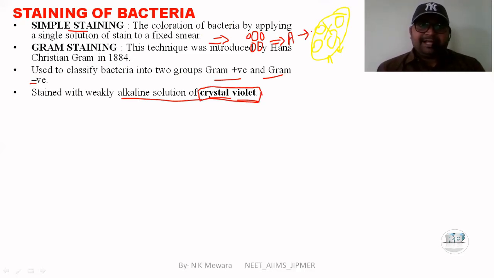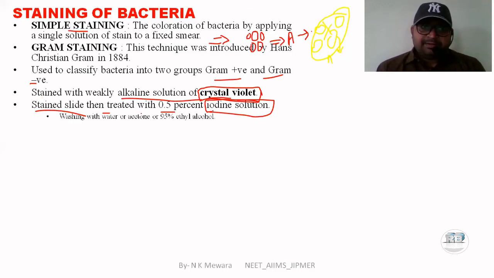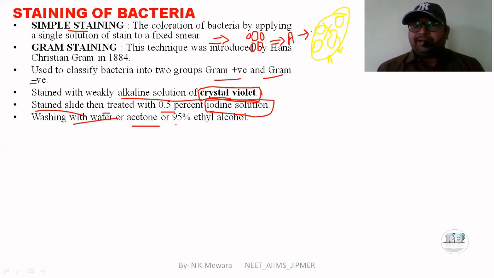The alkaline solution, crystal violet, is a weak stain. The slide is then treated with 0.5% iodine solution. Then it is washed with water, acetone, or 95% ethyl alcohol.